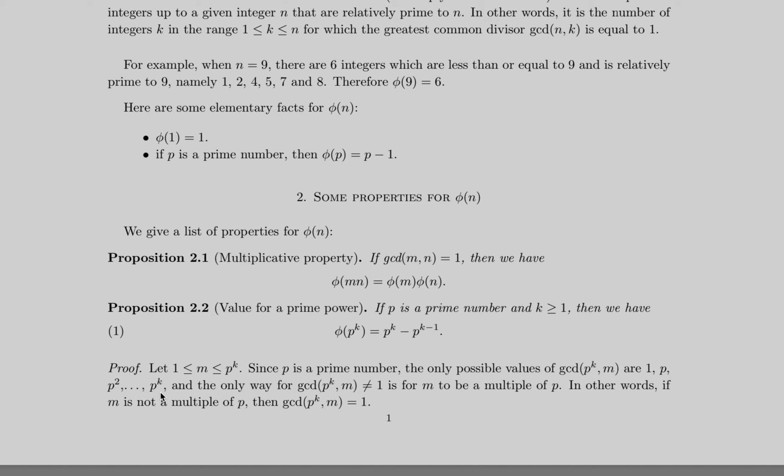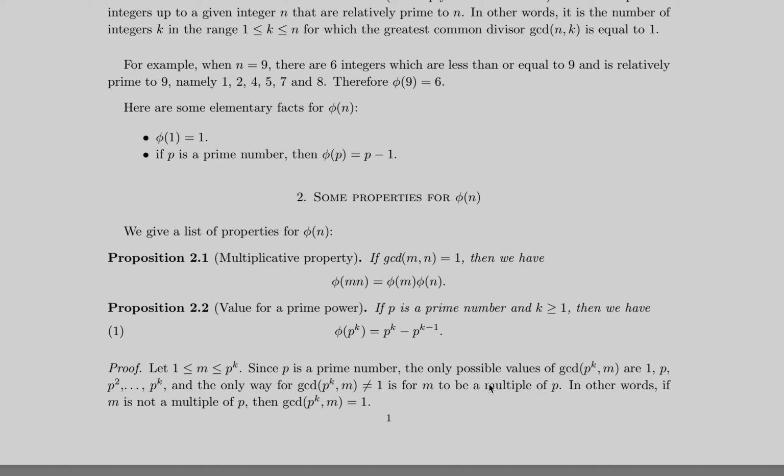The only way for the GCD to be not equal to 1 is when m is a multiple of p.